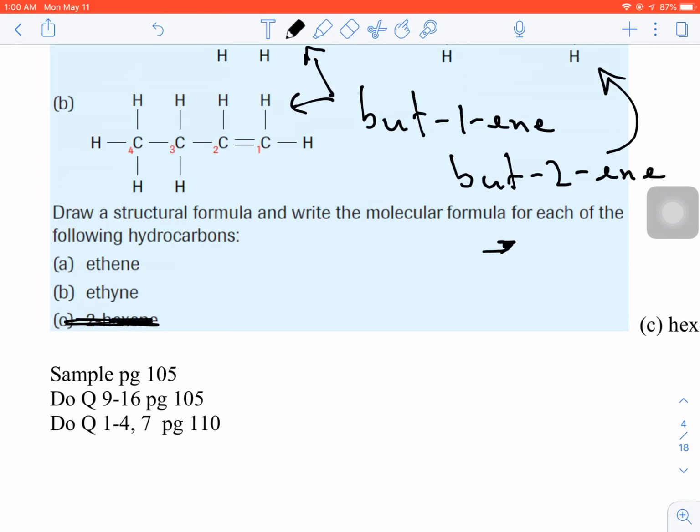Now notice for ethene, there's ethene right there. Right? You think, well, why wouldn't I say eth-1-ene? Because really, there is no eth-2-ene. There's only one possibility, and that's if the double bond comes after the first carbon. So you could say eth-1-ene, but really, there's no need.